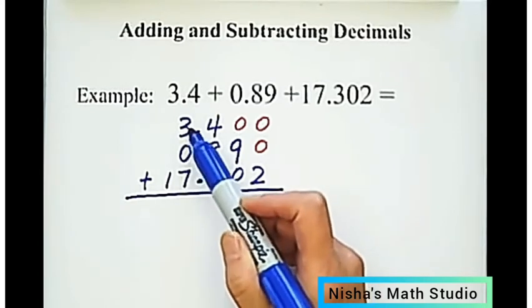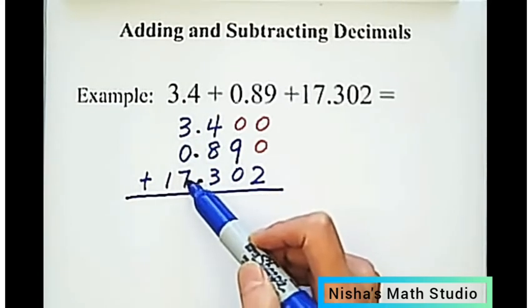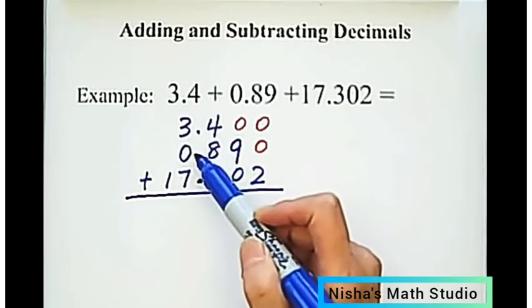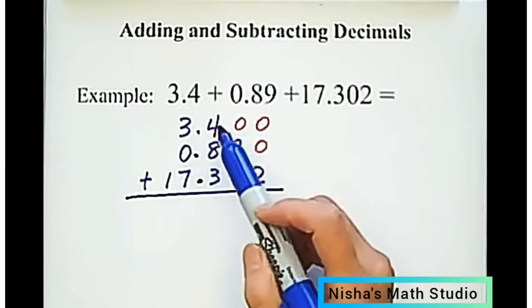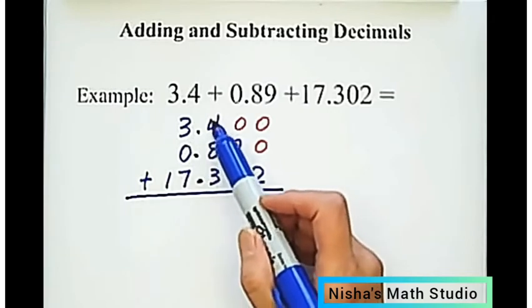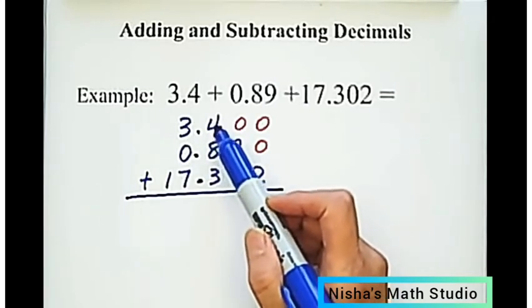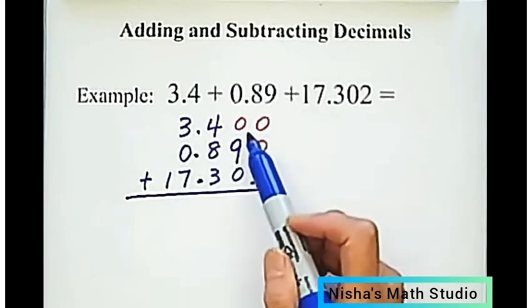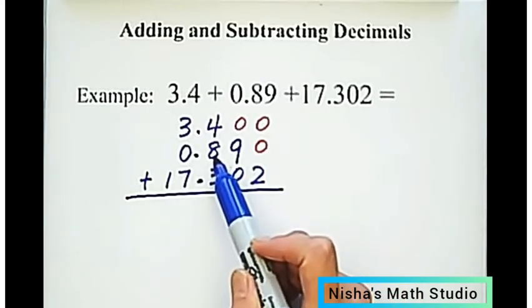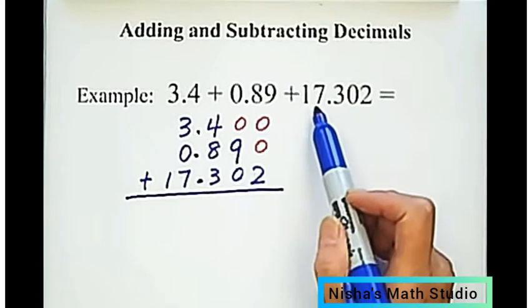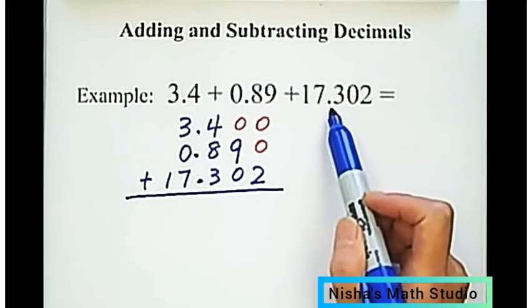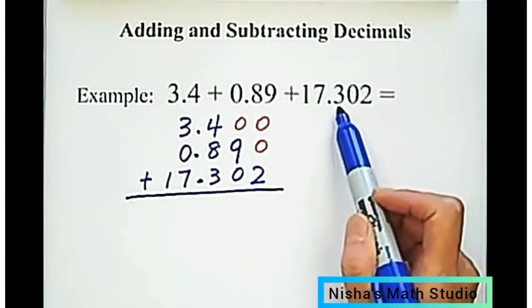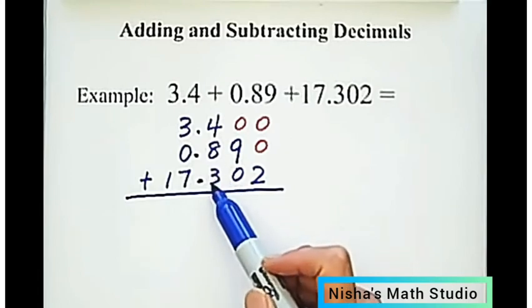Similarly, the decimal point should also be aligned one below the other. Now let's look at the decimal part of these numbers. In the first one you have 4 in the tenths place and 8 in the tenths place for the second number. In 17.302 you have 3 in the tenths place.